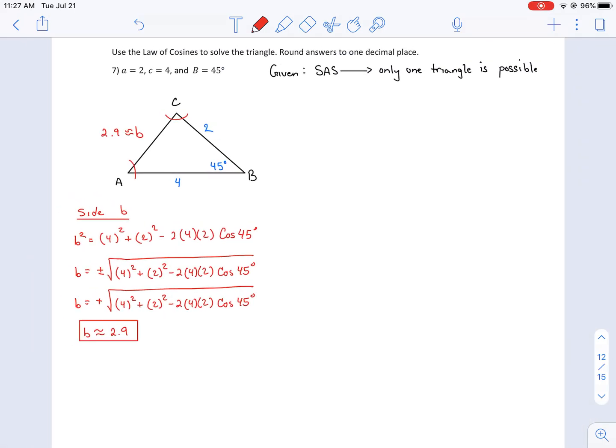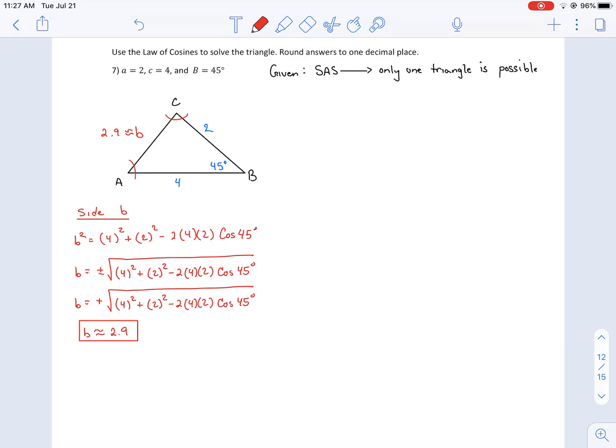So now, this is where a lot of people would now switch to the law of sines to find angle C and to find angle A. However, I don't like that approach because if we apply the law of sines now, you might come into an ambiguous situation, and I don't want that.